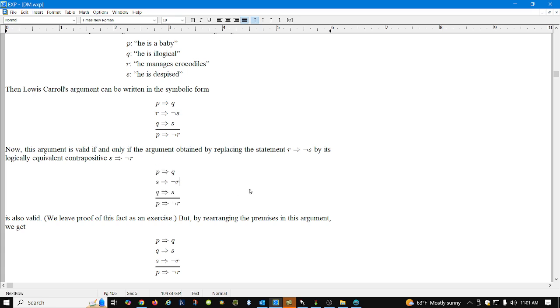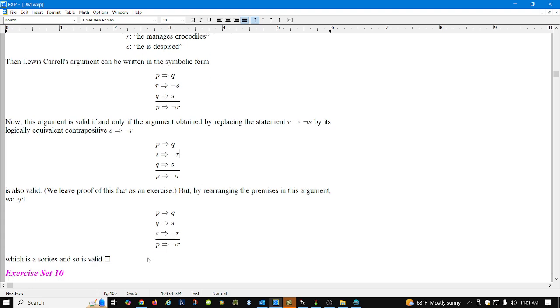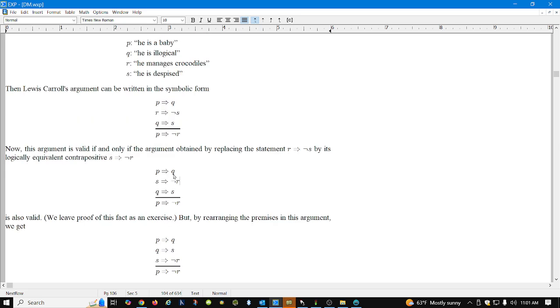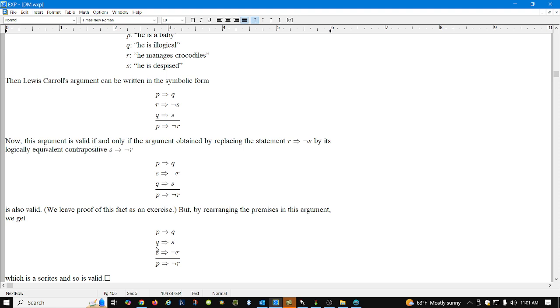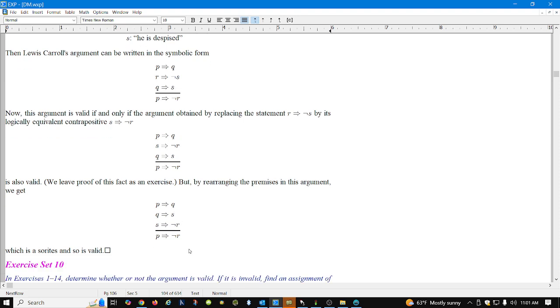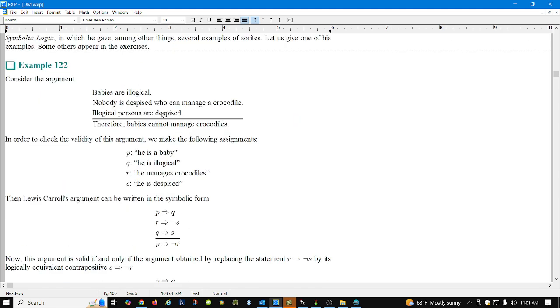Next, we rearrange the order of the premises to give it a chain-like appearance. P implies Q, Q implies S, S implies not R, and therefore the first one implies the last one, P implies not R. That's the extended law of syllogism. So this is a valid argument.